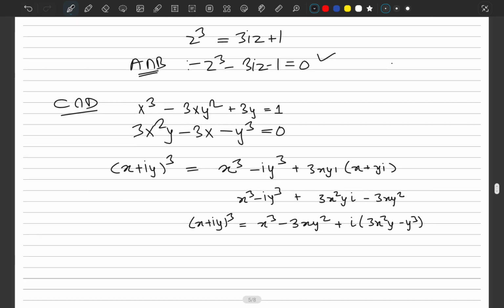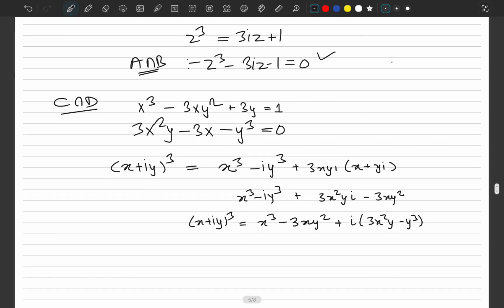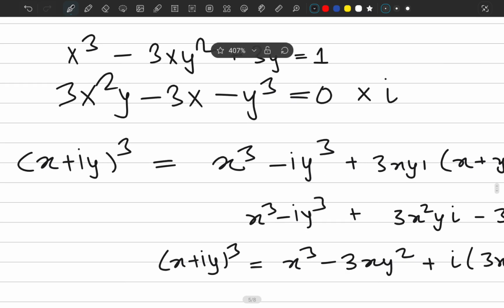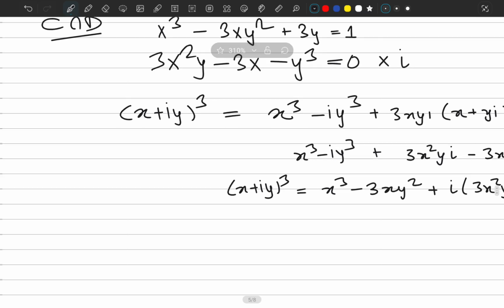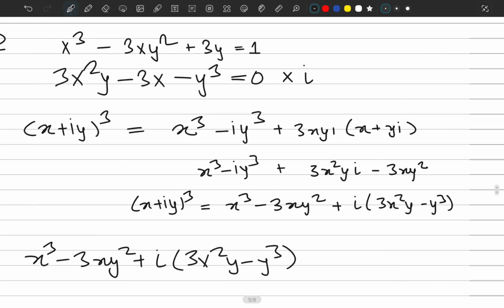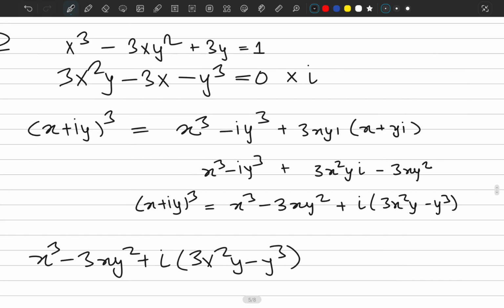Now in these equations we have to multiply this by iota and then add the equations. So it will give us x cube minus 3xy square plus iota times 3x square y minus y cube, plus 3y minus 3x iota equals 1.